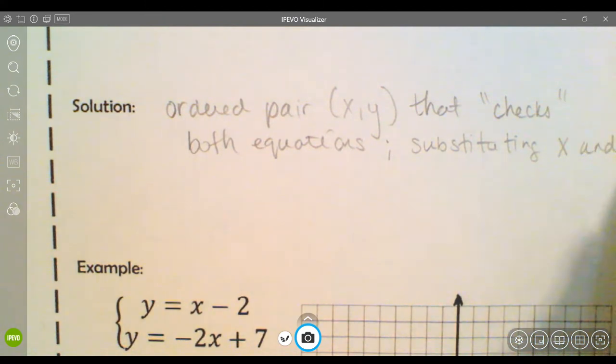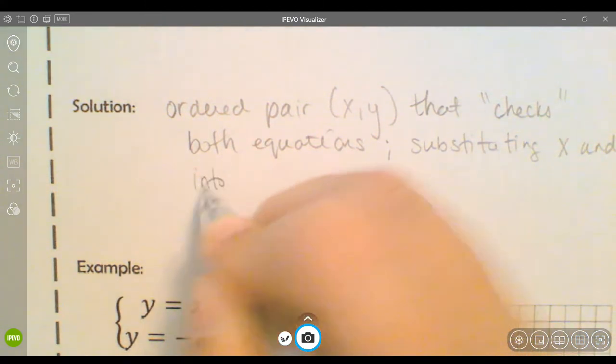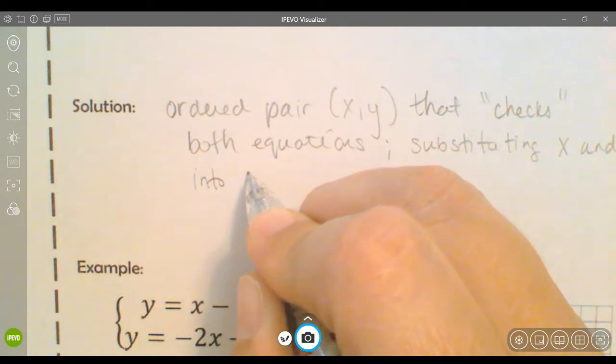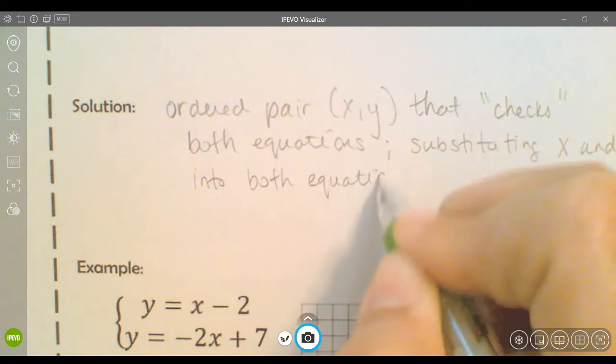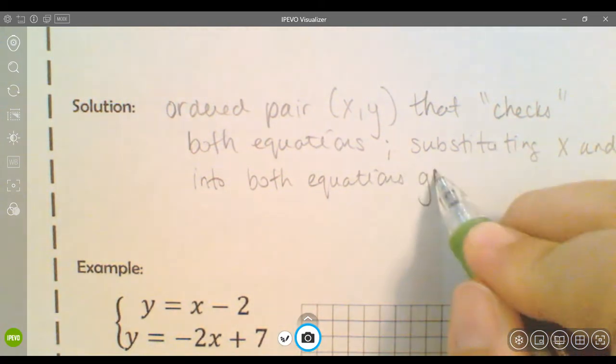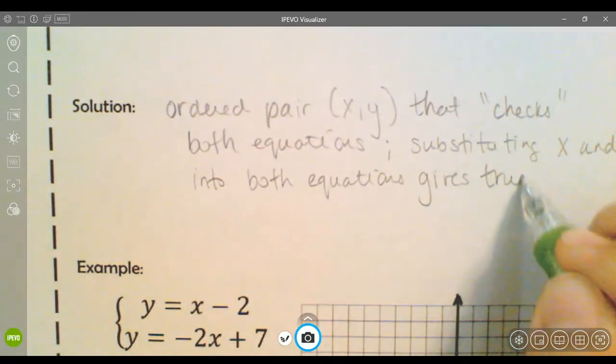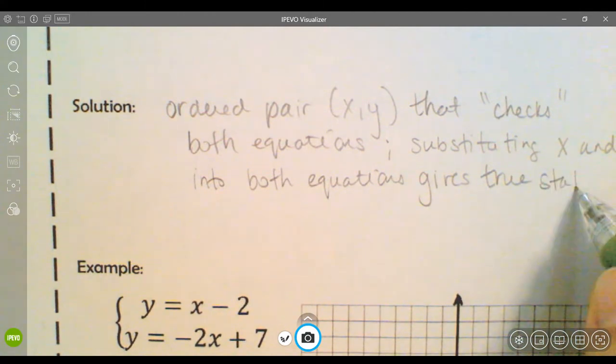Substituting x and y into both equations makes them true. Gives true statements.